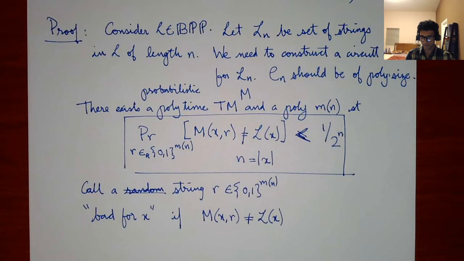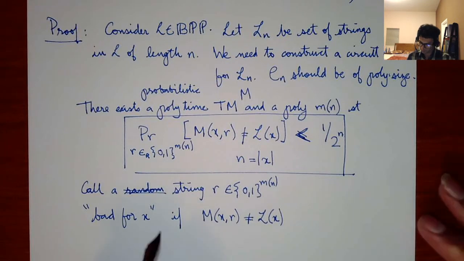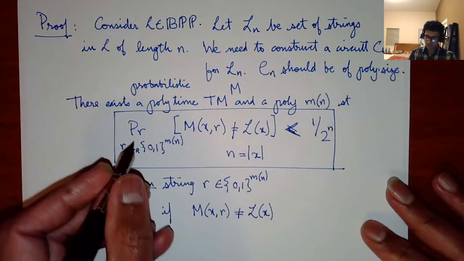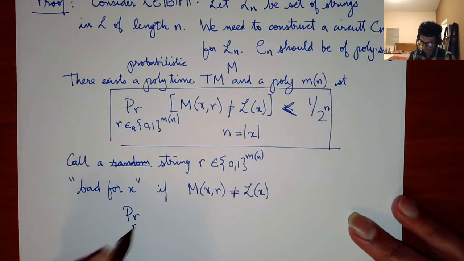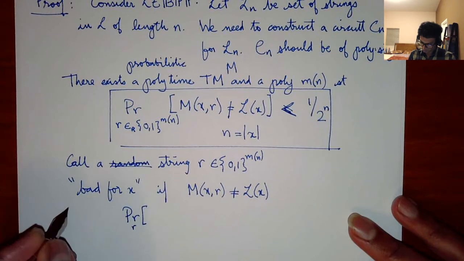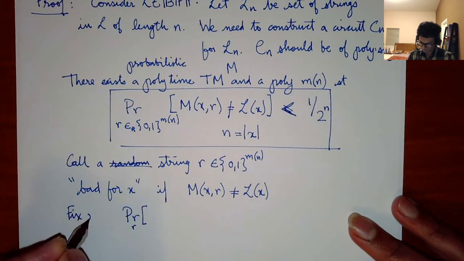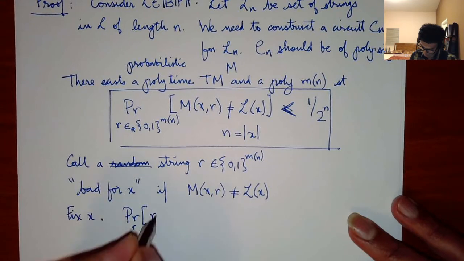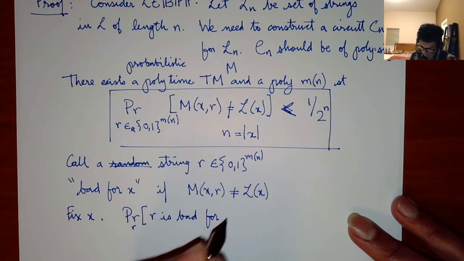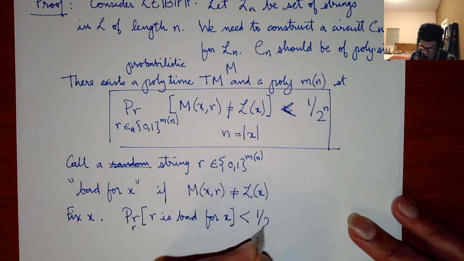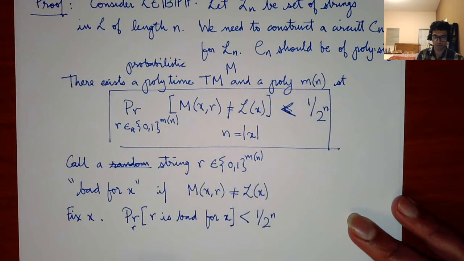That's what it means for the random string R to be bad for x. So what we have above is saying that if you choose R randomly, fixing x, the probability that R is bad for x is at most 1 over 2^n.